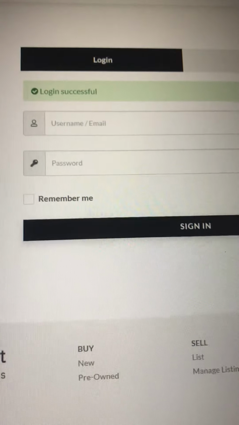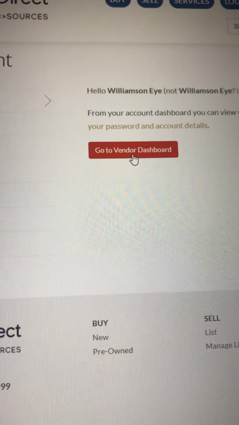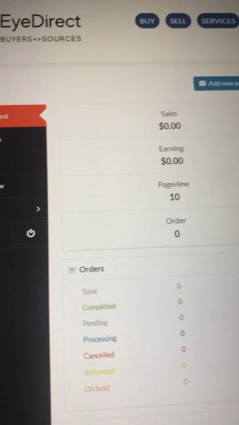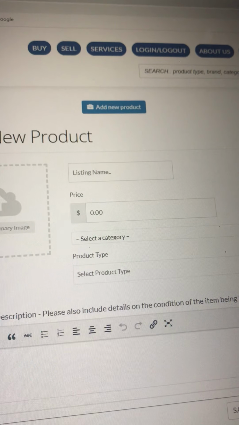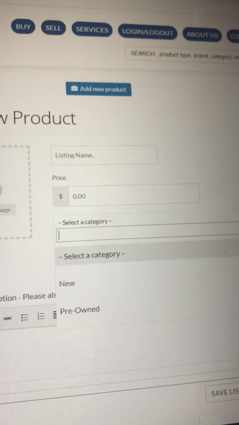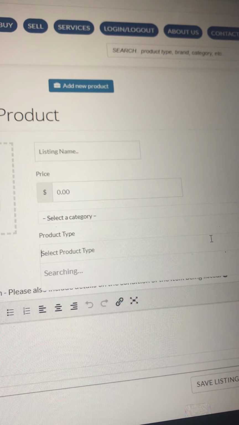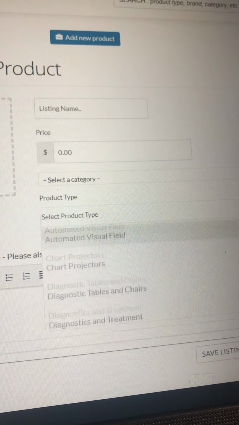When I sign in here, I think the only issue that I would have is when you're going to add a new product, if it's not in the category, well, strike that. Down here, it's going to search for product type.